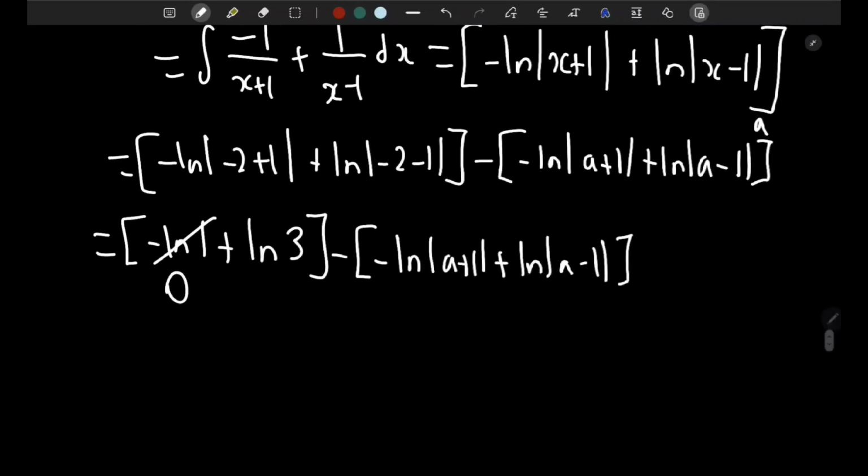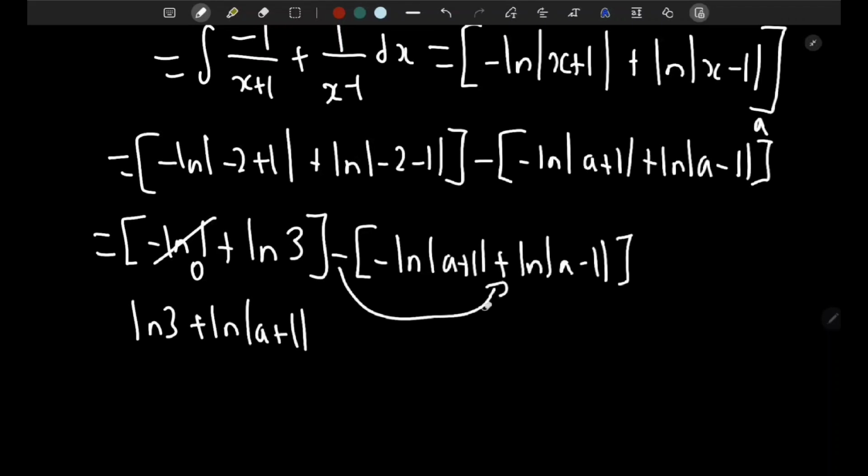So now let's move on and simplify the minus sign over here and open the brackets up. So we are left with ln 3, which is a constant, plus ln a plus 1, and then I'm going to distribute the minus sign over here also, so it's going to become minus ln a minus 1, and we can write the limits now. So limit from a is approaching negative infinity.